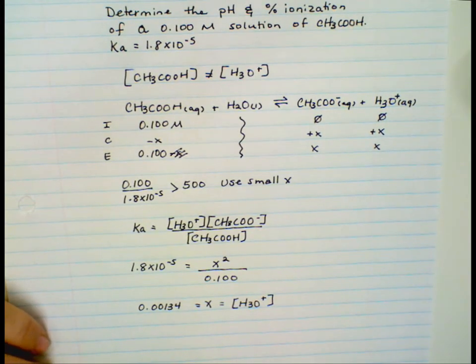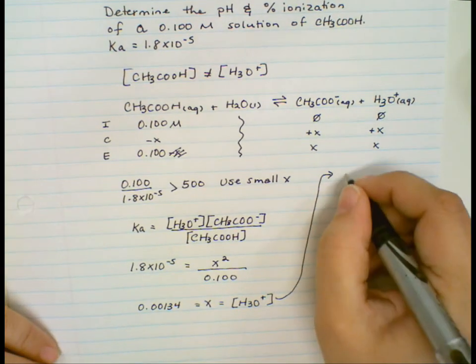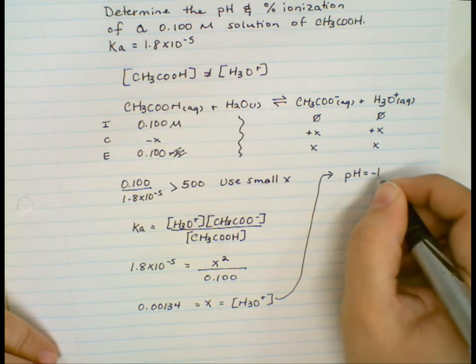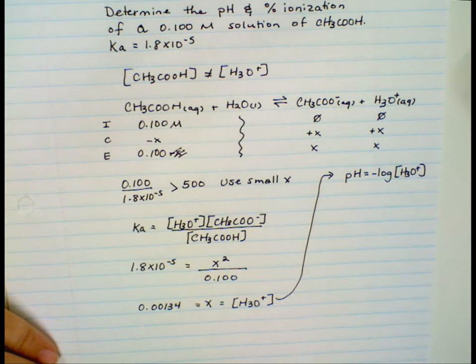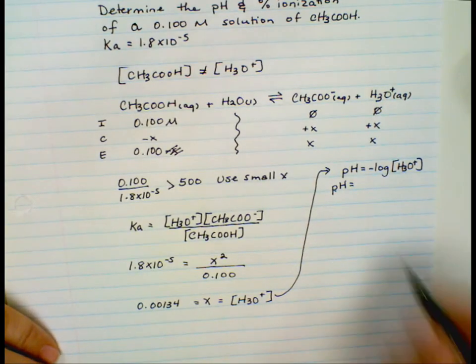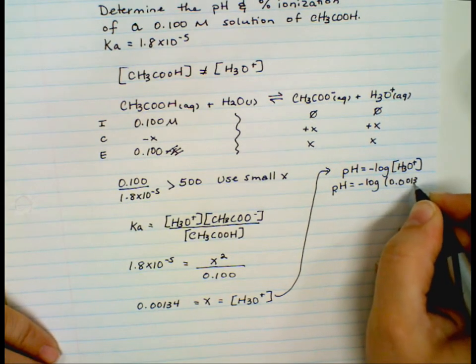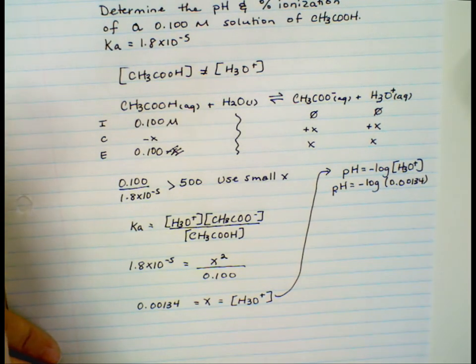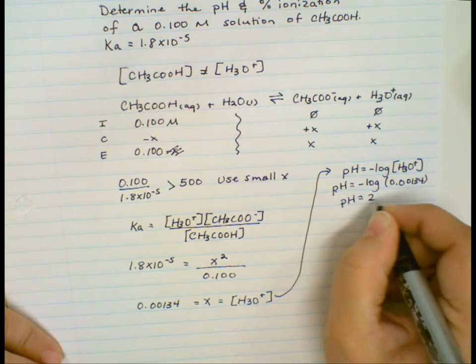And so from there, I'm able to calculate pH. So I'm just going to go up here to do that, so I still have some room. So remember, pH is the negative log of the H3O plus concentration, and so my pH in this case will be negative log of 0.00134, which is equal to pH equals 2.87.